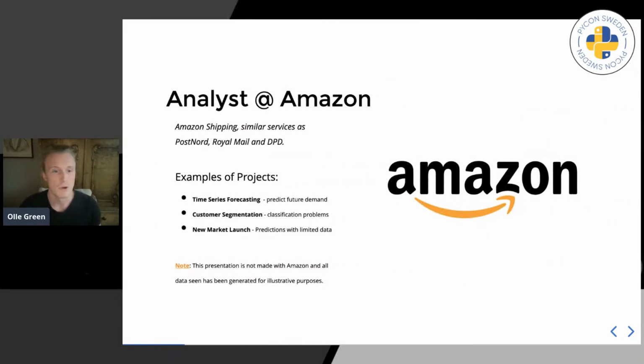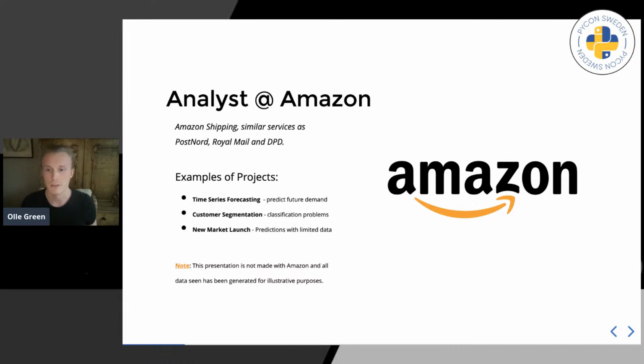Some context also for what I'm working with, specifically within time series forecasting, is I'm currently working at Amazon Shipping in the UK, where similar services are PostNord, Royal Mail, DPD, etc. And some examples of projects that I'm very passionate about working with at Amazon is time series forecasting. So we're trying to predict future demand with limited amounts of data. Customer segmentation.